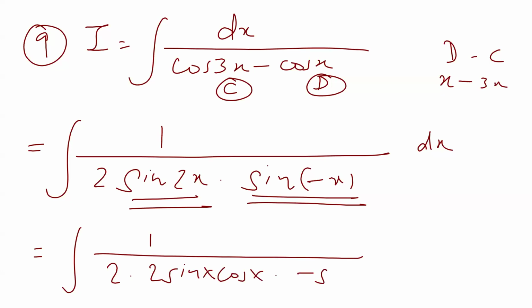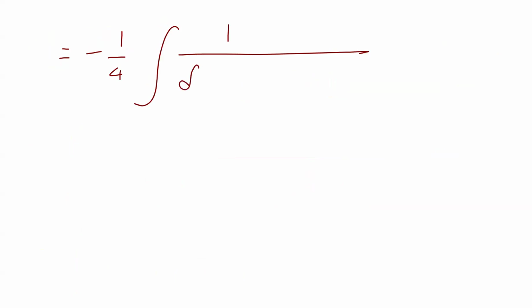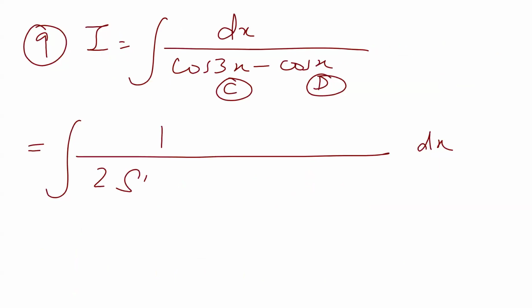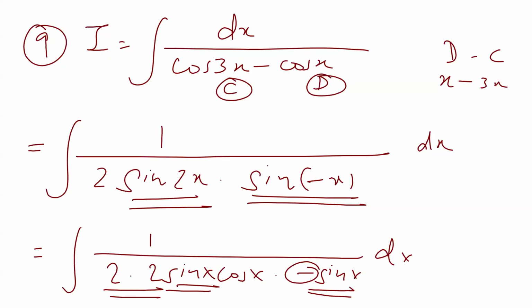And this is minus sine x, sine of minus x. So I'll take this 4 outside and this minus sign outside. So it will be minus 1 by 4 outside, 1 upon sine square x into cos x. Okay, sine into sine is sine square.